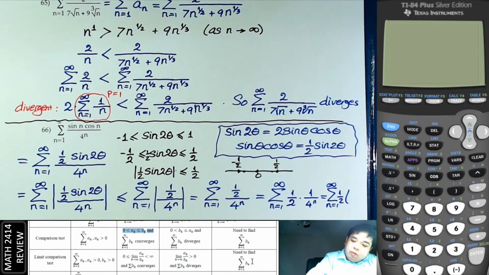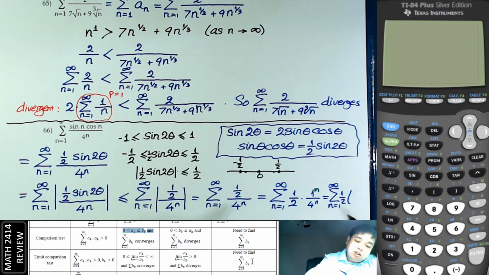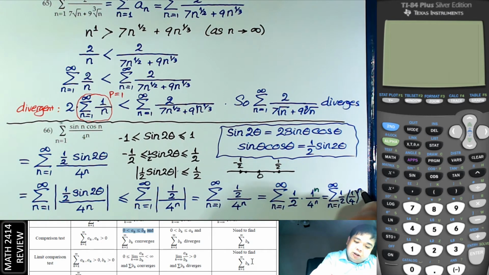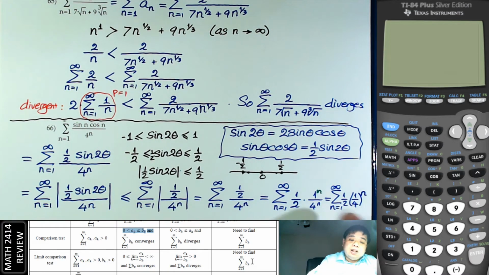And here we can artificially put the n on the top because 1 raised to the n power is still 1. This should go from 0 to infinity, but this is a geometric series with the ratio equal to 1/4.